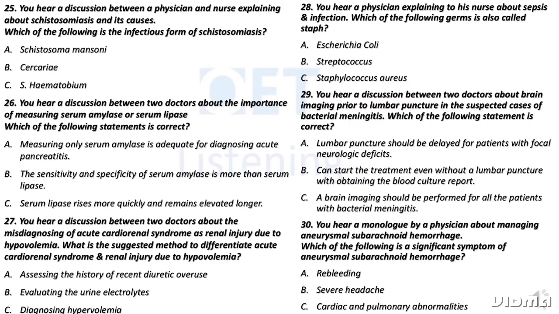Misdiagnosis of acute cardiorenal syndrome as hypovolemia-induced acute kidney injury will be catastrophic. In case the volume depletion in acute cardiorenal syndrome is erroneously judged to be the cause of acute renal injury, Therefore, fluid administration can further worsen both renal and cardiac function.